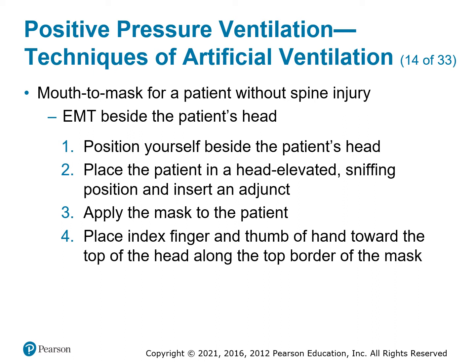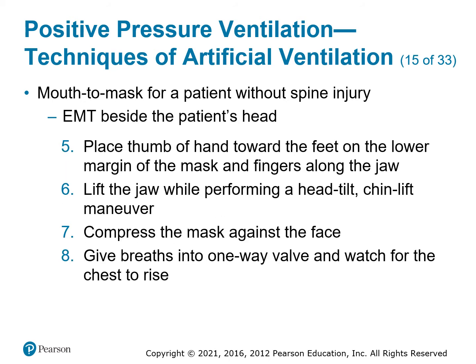Here we can use our index finger and thumb towards the top of the head along with the top border of the mask, creating that seal. Your textbook states to place a thumb of the hand towards the feet on the lower margin of the mask and the fingers along the jaw. This allows you to help lift the jaw with the head tilt chin lift maneuver while you compress the mask to the face, creating a shield, and you may be able to give your breaths this way.